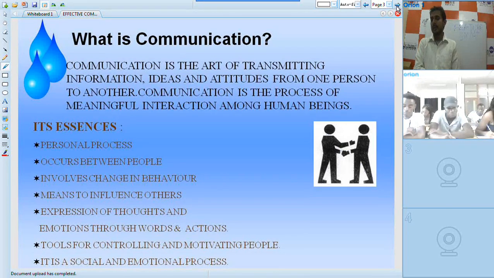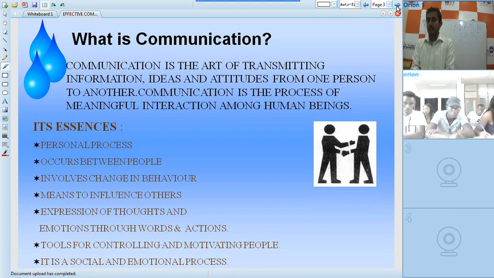Interacting with each other in the organization in various ways leads to communication, which might be in different ways and different manners. It is essentially a personal process that occurs between people. The communication can be a personal process used for personal work or an individual purpose.